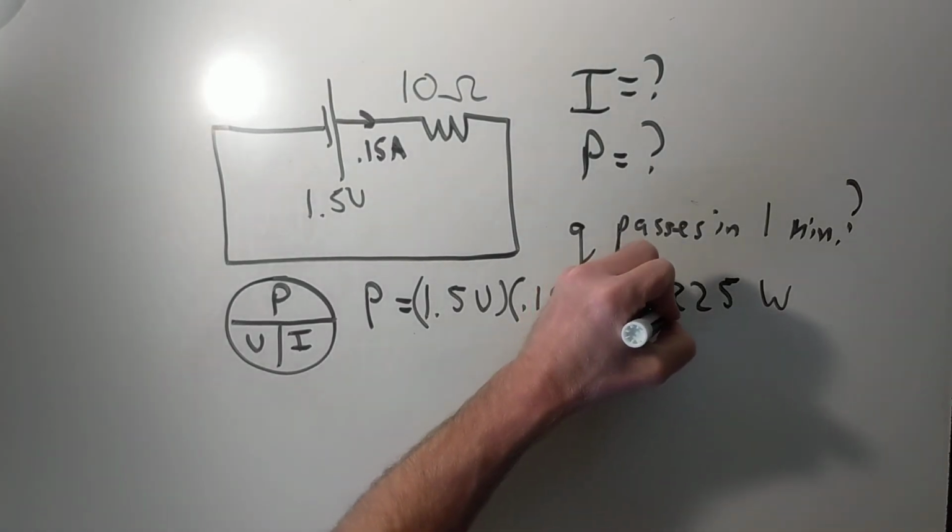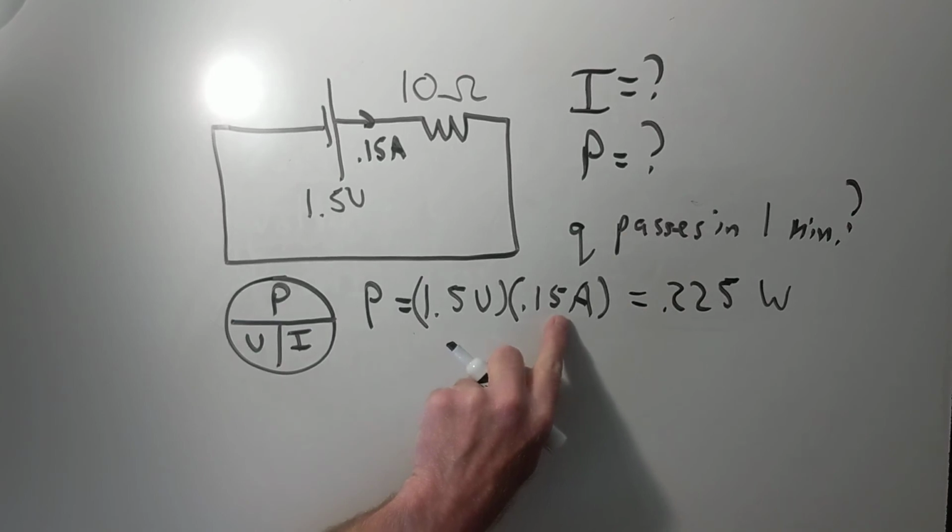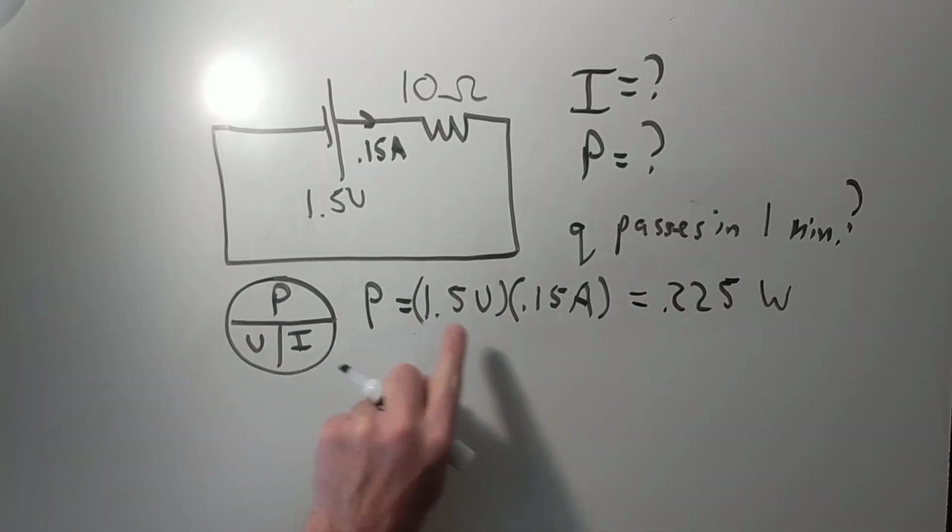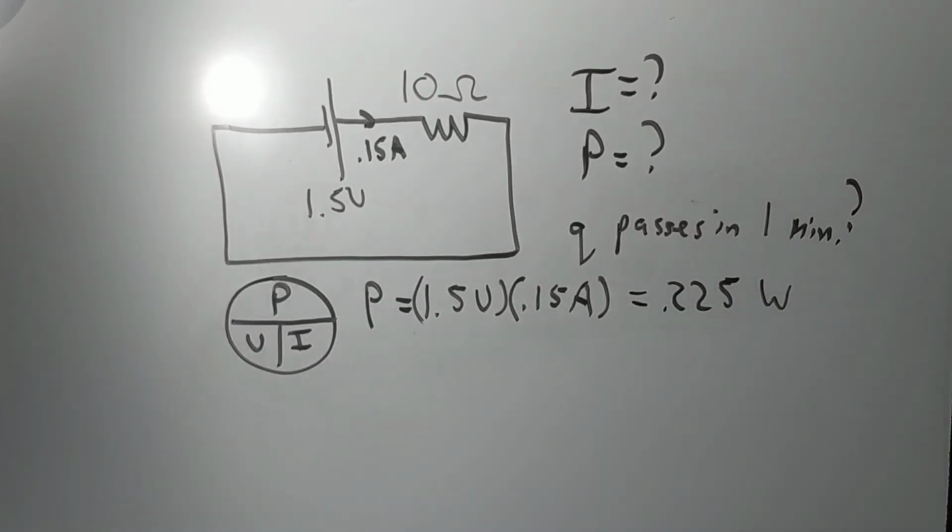So this should be 0.225 because 1, 2, 3. So 0.225 watts. So that would be a pretty small power output. But again, it's a small battery, and that's a pretty small current that actually passes through there. So we have the current, we have the power output of this circuit.